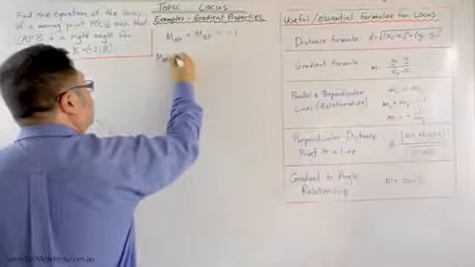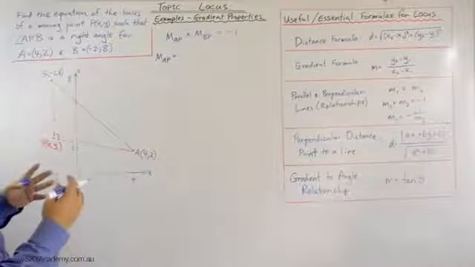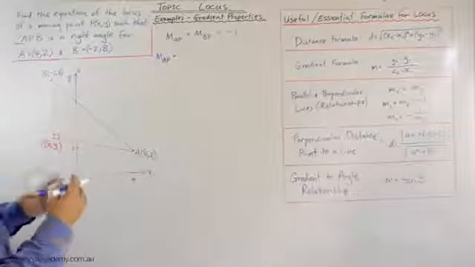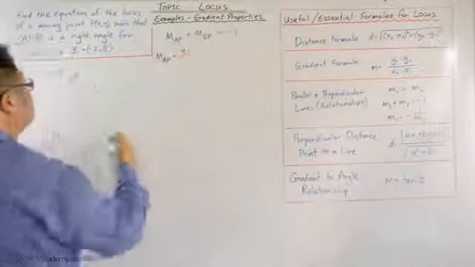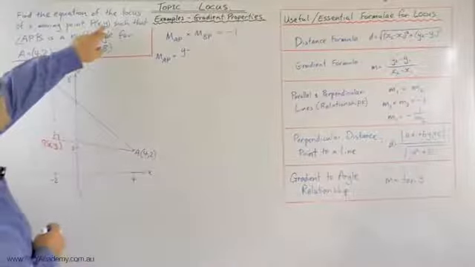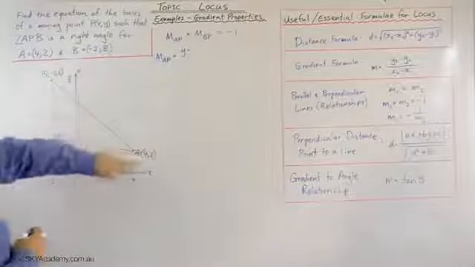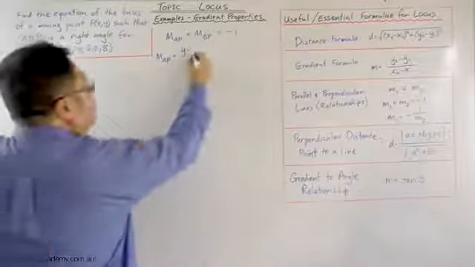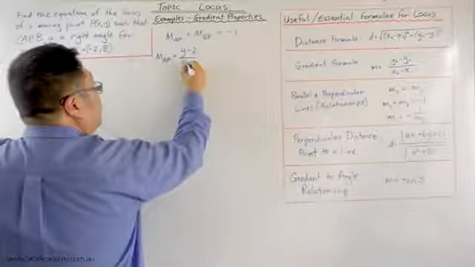So what is the gradient of AP? Well, it's obviously going to be y2 minus y1 over x2 minus x1. So y2 is your y, x2 is your x, your y1 in this case is going to be your 2, and your x1 is going to be the 4.